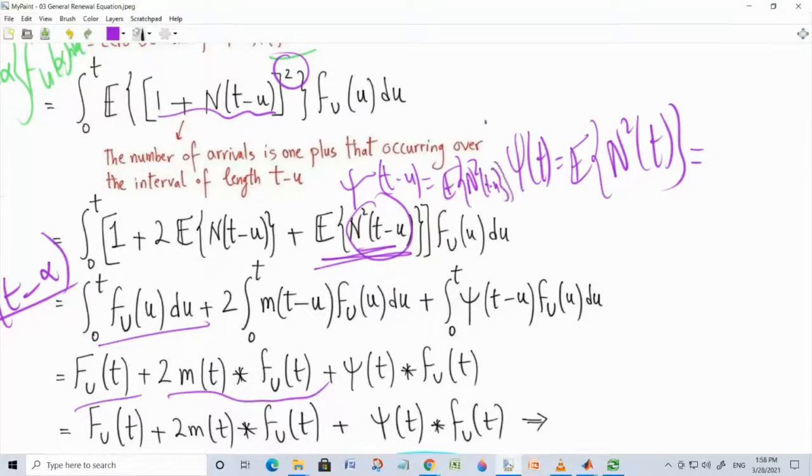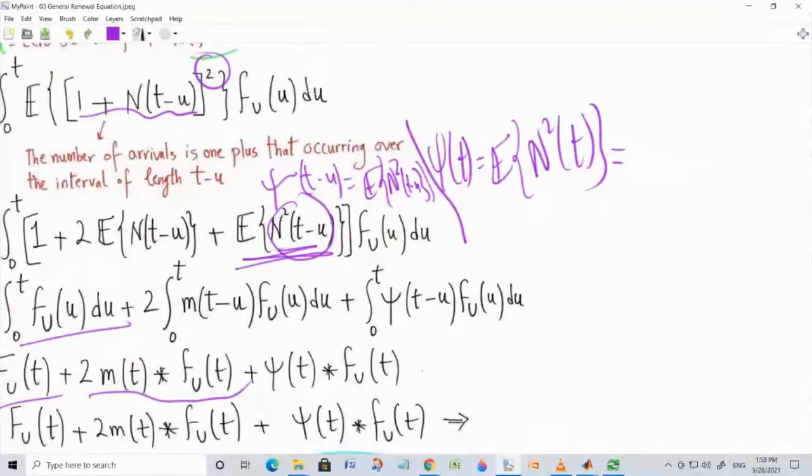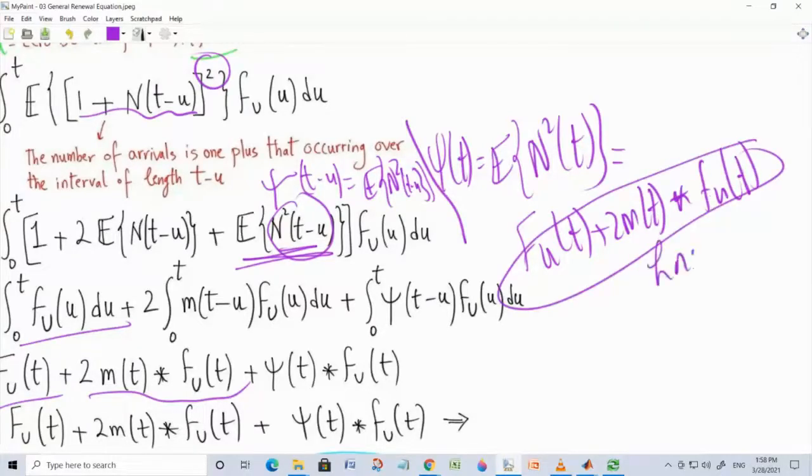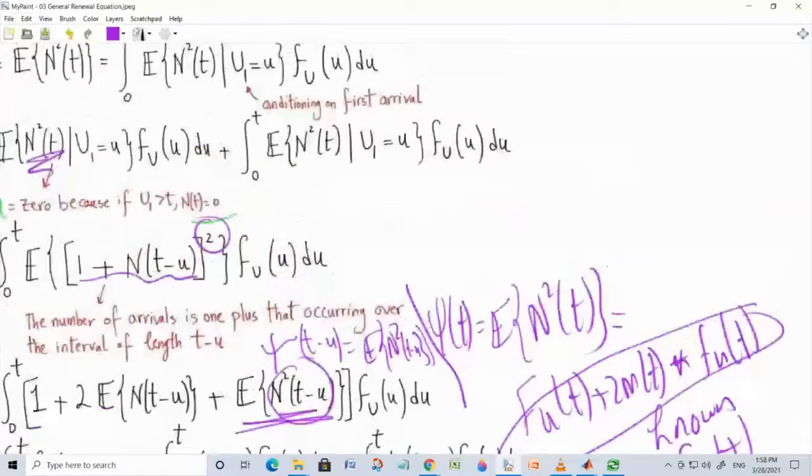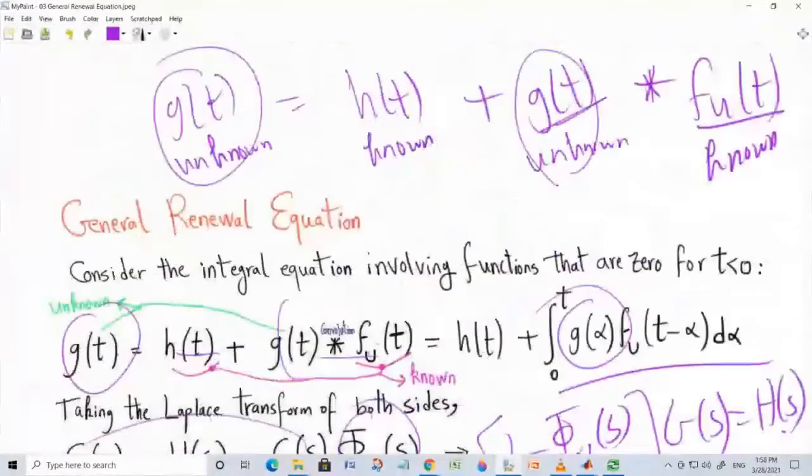Now it is multiplied by this one, so there is a convolution between psi of t and the PDF. So we have an integral equation of the same form as above. So you have psi of t equal to, let me copy it, F_U of t plus 2 M of t convolved with f_U of t. This is known, plus the convolution between psi of t itself and f_U of t. That's the general integral equation that we have above.